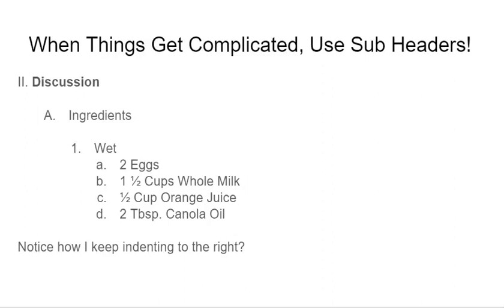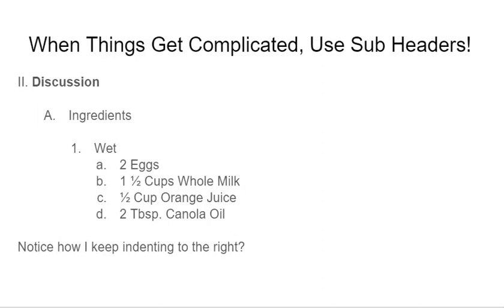So here I indented to the right and I put down a number, 1, and that's the first subheader. So you use numbers for the first subheader. Now, as you can see, I have yet another subheader. Very simple, it's nothing complicated. I indent to the right and I use lowercase letters. Now I have something that's very easy to follow.